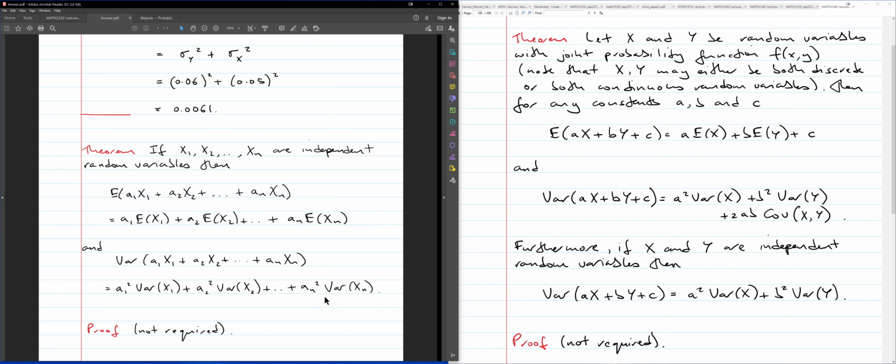And then up to an squared times the variance of xn. And then you add all those together, which is the same thing you're doing over here. So this is the case of two independent random variables, and in this case you have up to n independent random variables. So really, this formula is just a generalization of this one, assuming that in this case c is equal to 0.